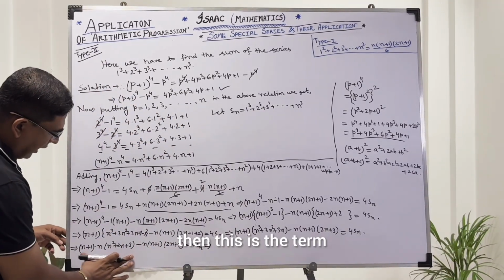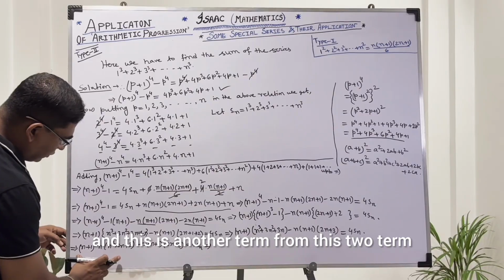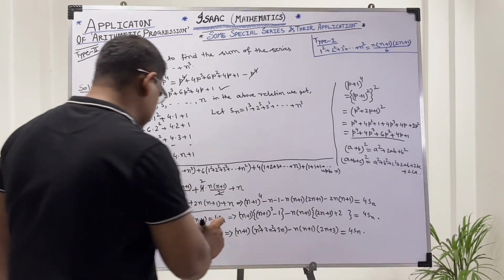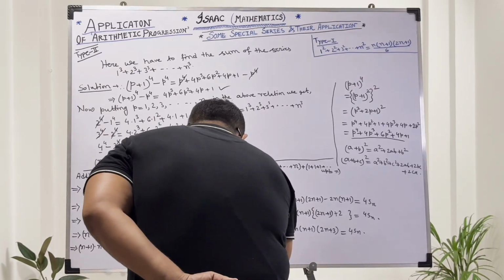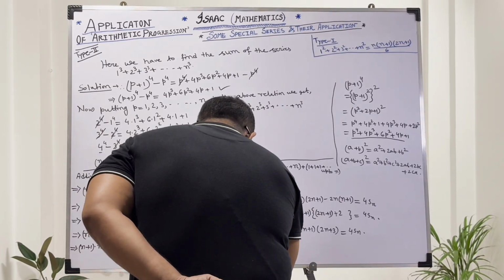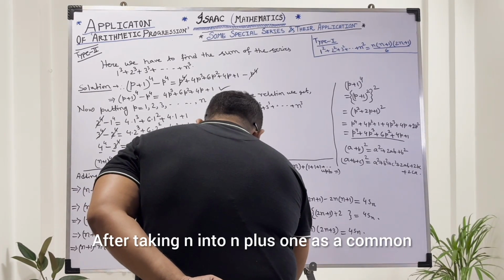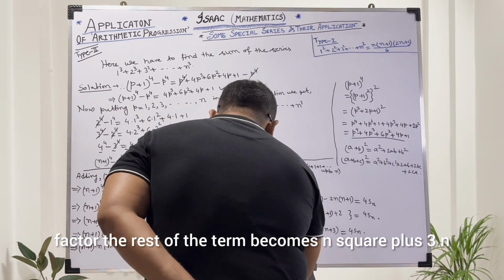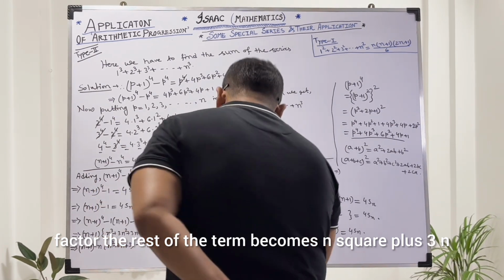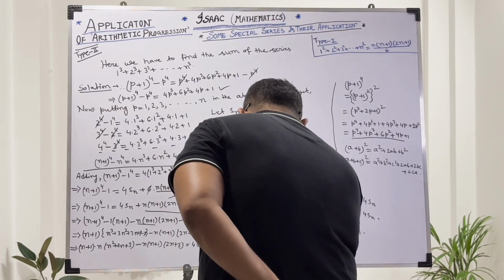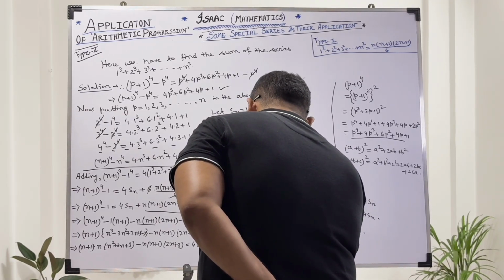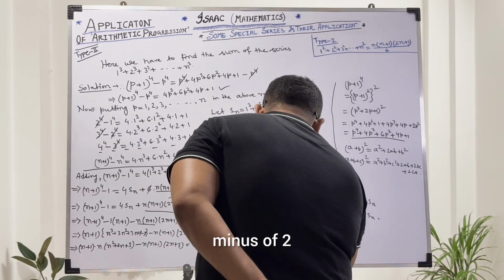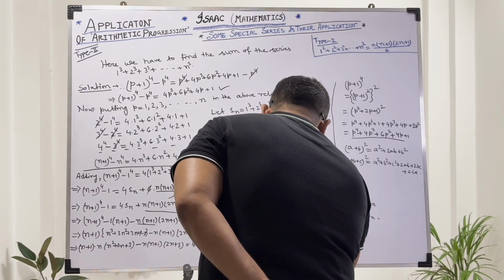Then this is one term and this is another term. From these two terms, n into (n plus 1) is the common factor. After taking n into (n plus 1) as the common factor, the rest becomes n square plus 3n plus 3 minus of (2n plus 3).